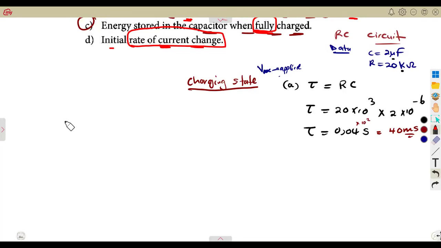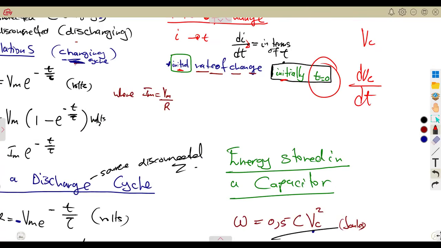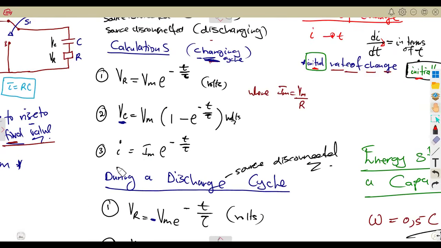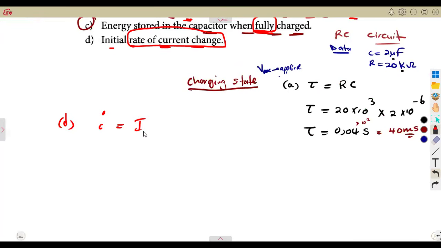All right, so what is the current first? How do you write the current formula? When charging, remember, i = Im e to the exponent of minus t over tau. This one when charging. So that is the formula for current. With that formula, we are going to use it now to determine the rate of change, which is di/dt.